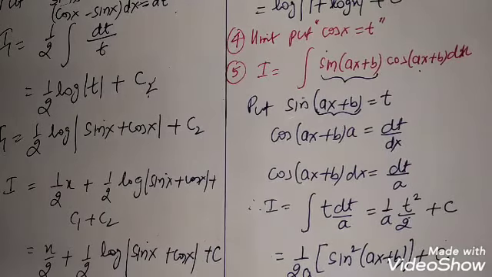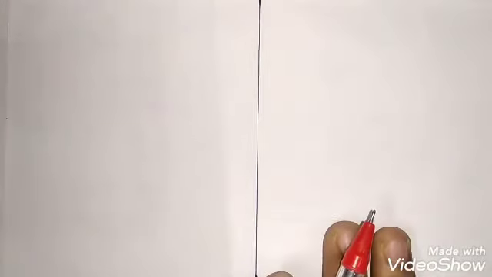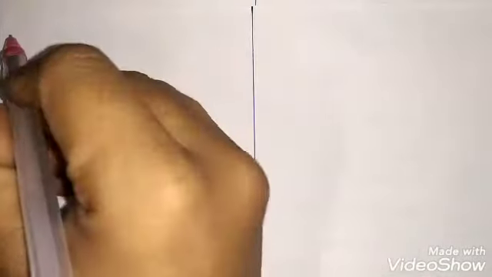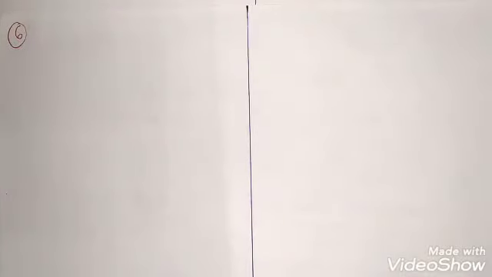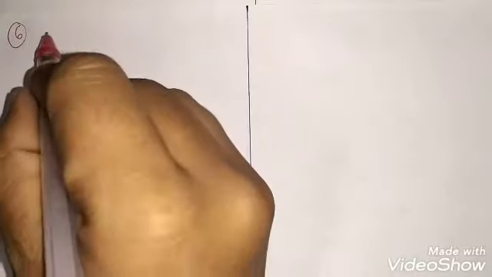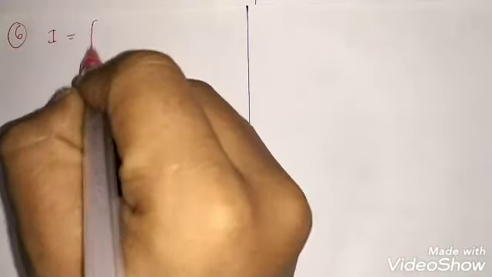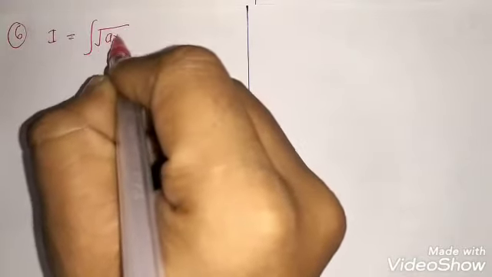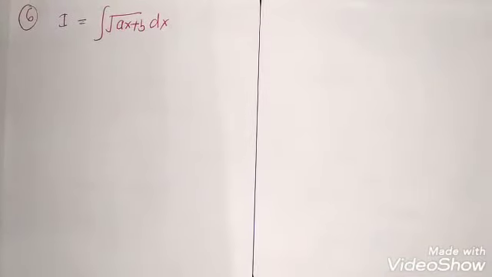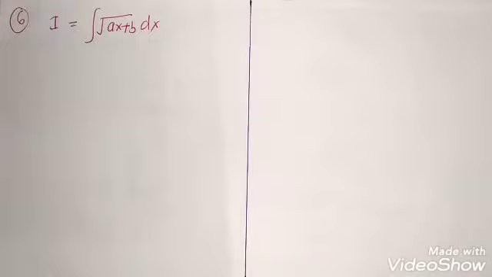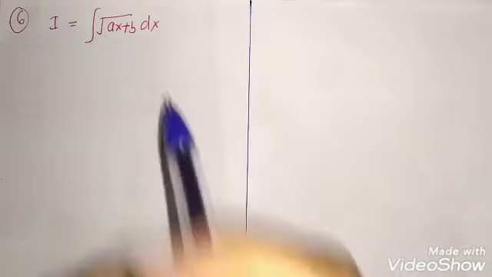Moving to the next question. Starting with the sixth question of your NCERT, exercise 7.2, question number 6. What does question number 6 say? Find the integration of root of ax plus b dx. Obviously, whenever you take the integration, you have to write dx, as I already told you.